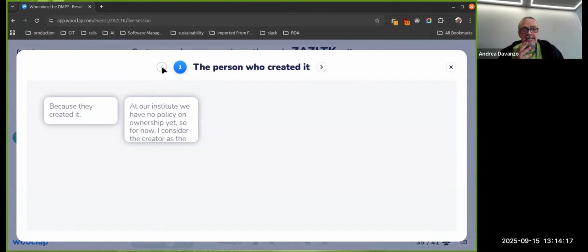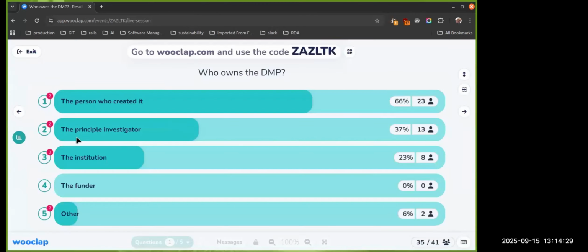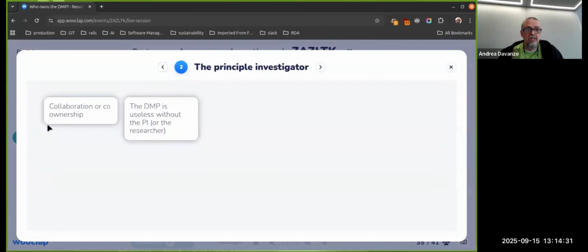The person who created, because they created, and our institute, we have no policy on ownership yet. So for now, I consider the creator as the owner. Excellent. So let's have a look here. Collaboration or co-ownership, the B is useless without PI or the researcher, which is a very good point.